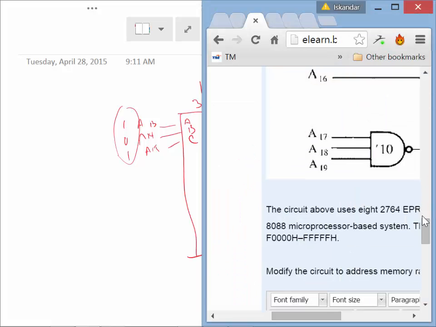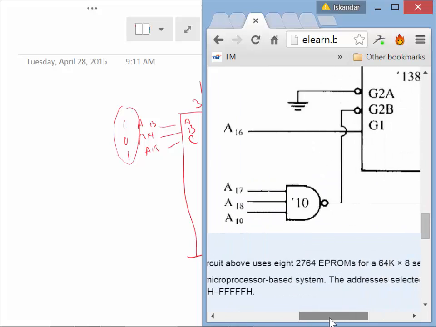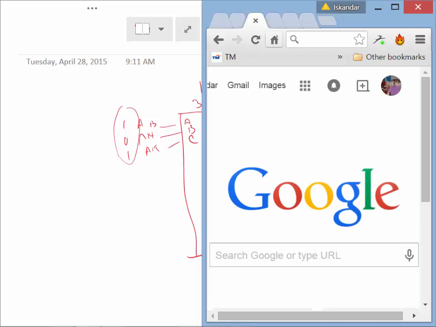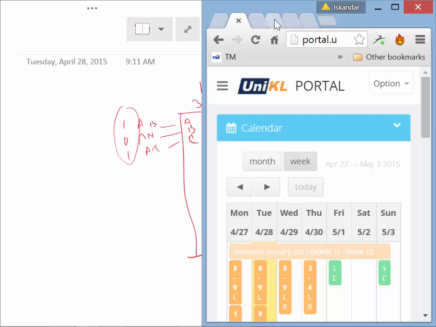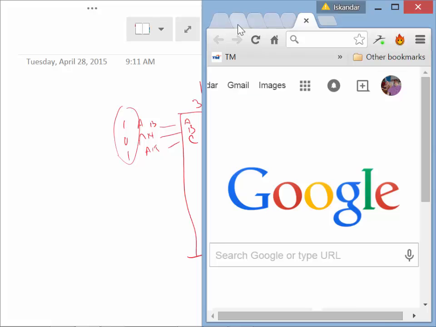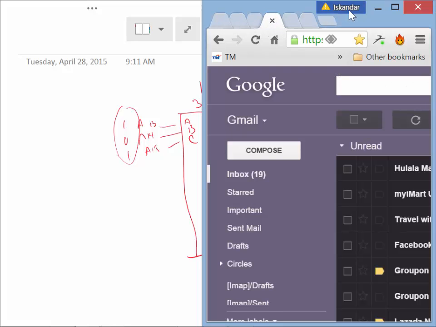Okay, as we look at this right here, so A16 goes to G1. And I keep breaking this right here. Did I lose it? No. I accidentally closed the window here.